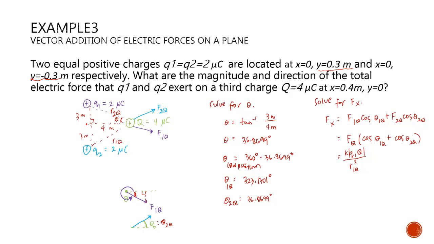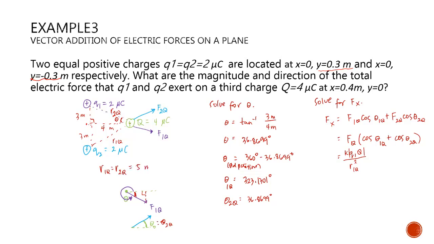So solve for r. If you can remember, we have this special triangle whose shorter sides are 3 and 4 units, so the hypotenuse is 5 units. It's a 3, 4, 5 triangle. If you don't know that, or the sides are not 3 and 4 meters, just solve for the hypotenuse by using the Pythagorean theorem. So r sub 1Q is the same as r sub 2Q.